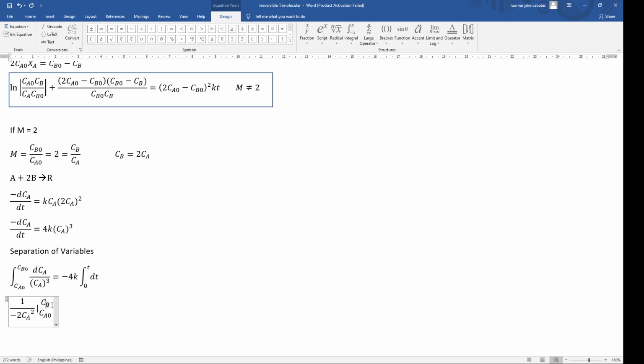I mean, it should be CA only. Sorry. CAO to CA equals negative 4 kt, with limits from 0 to t.